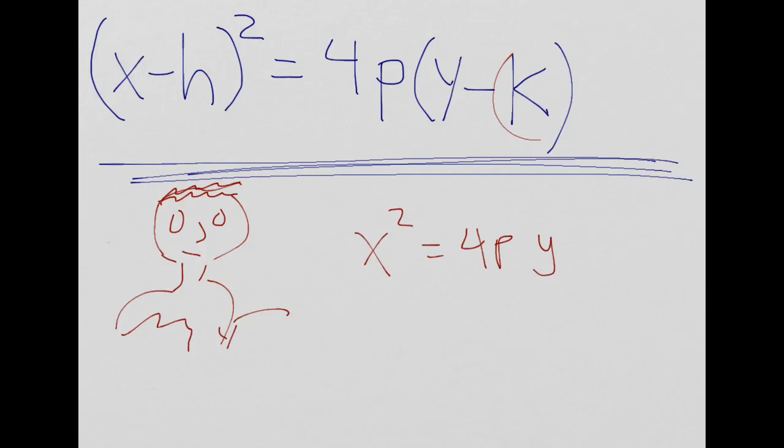Because k is going to go to 0, and h is going to go to 0. So keep that in mind. Those are going to be the cases you look at first. And they're going to get more complicated, obviously, as they always do. But not bad. It's just going to be changing where your parabola is centered, where your vertex is. Not too big of a deal. So let's look at an actual problem now.